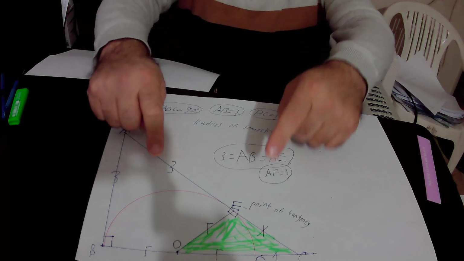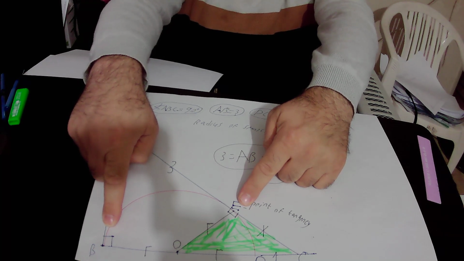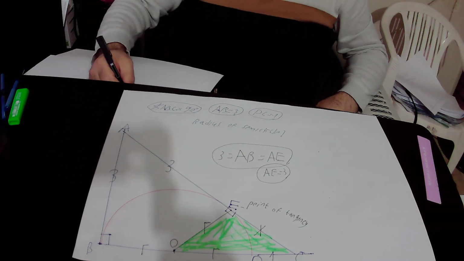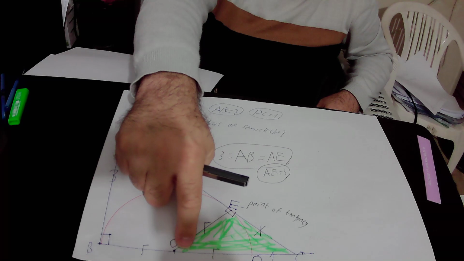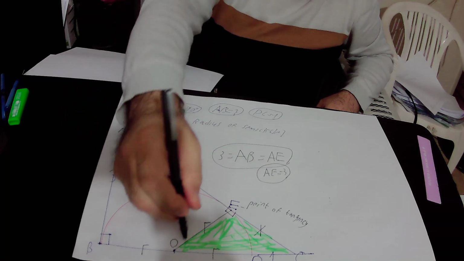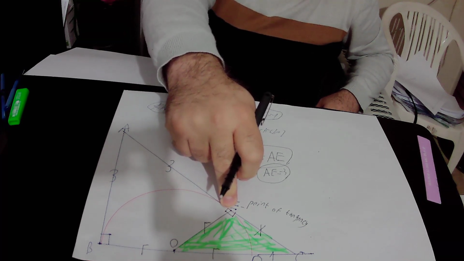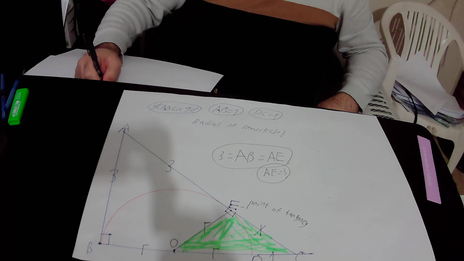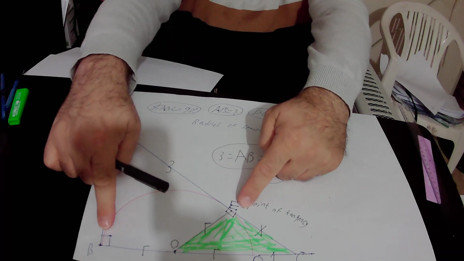Actually, on those two triangles, those two angles are equal to each other. They are both right angles, so we can write down that angle ABC of triangle ABC equals angle OEC of triangle OEC, and both those angles are right angles.